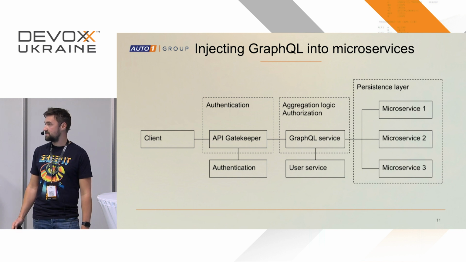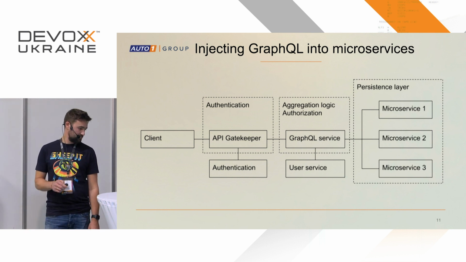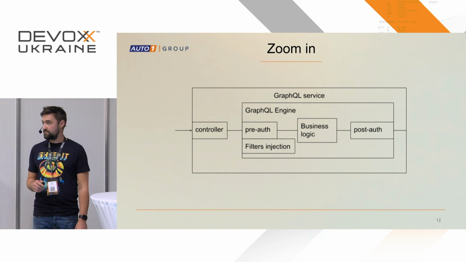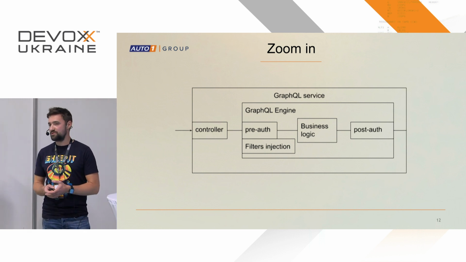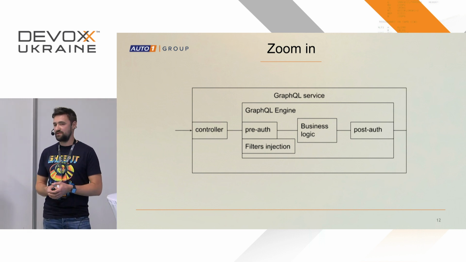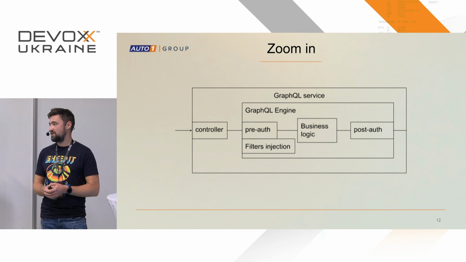So let's zoom a bit into our GraphQL service. There is a controller for sure with one endpoint because it's GraphQL, not REST. And then the request goes to the GraphQL engine. And we actually have two blocks there.